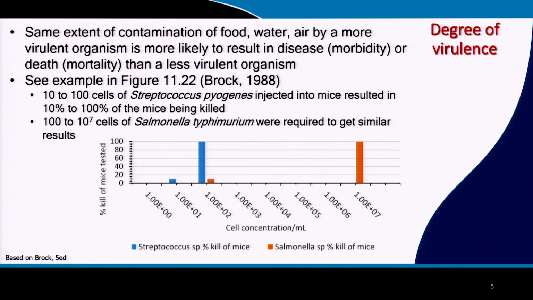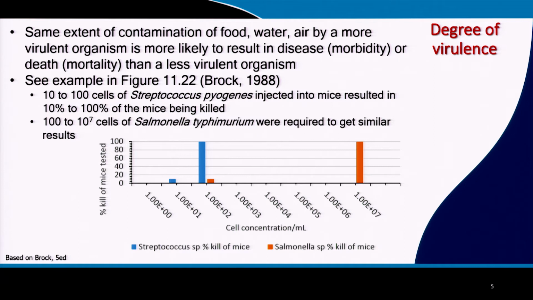So what you see is, as a function of cell concentration per ml, what was the percent kill of the mice that were tested. Now it's standard procedure to test the virulence or sometimes the degree of fatality associated with either a toxin or a microbial concentration and so on. So it is standard practice to expose a particular organism.